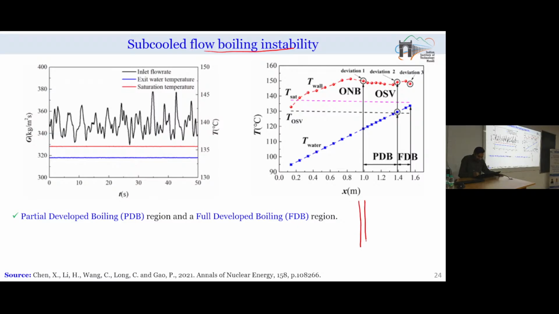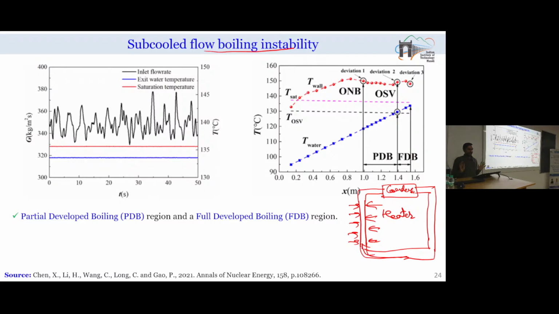I have a vertical tube over here, and this vertical tube is acting as a heater. Here I am heating the working fluid, and then here I have one condenser, and after the condenser I am again recirculating the working fluid to the heating section.